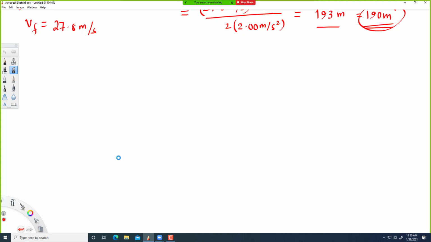So how long does it take a car to cross a 30-meter wide intersection after the light turns green? If the car accelerates from rest at a constant 2.0 meters per second squared.